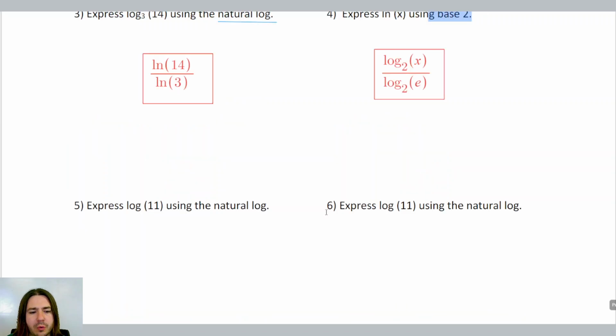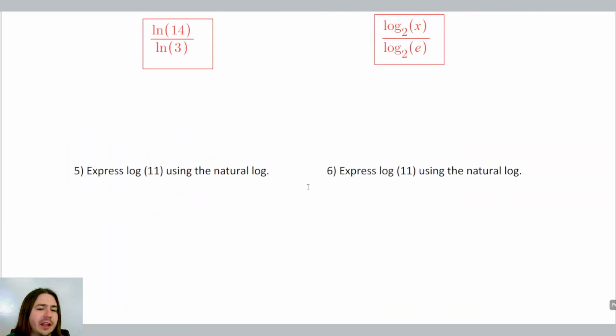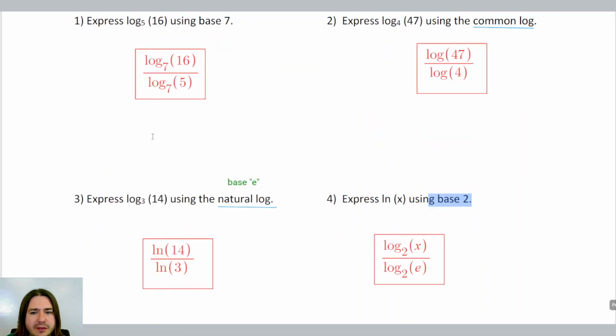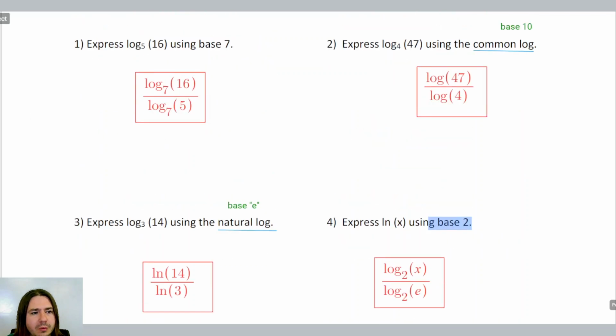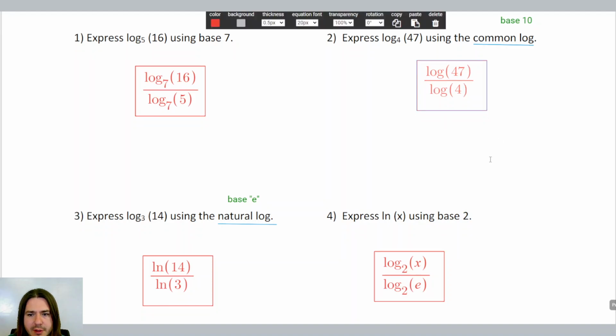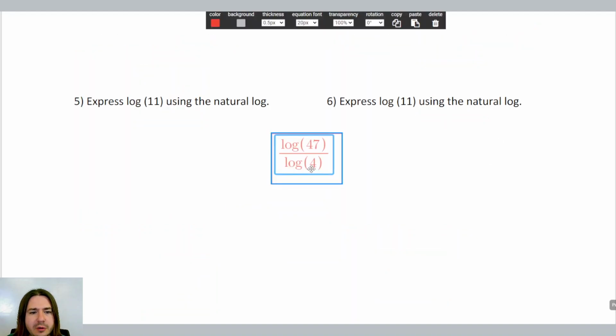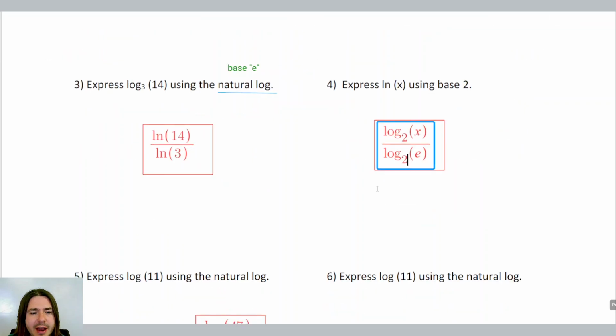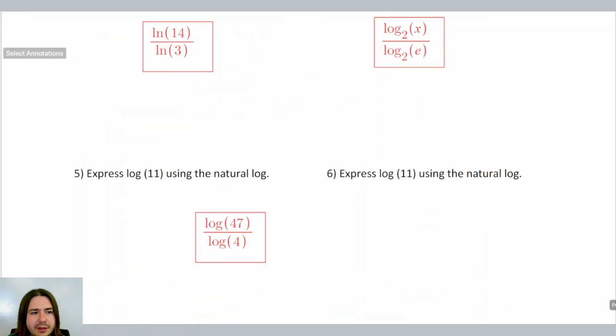Number 5, we're going to express log of 11 using the natural log. Again, we're going to do something very similar to what we've got over here in number 2. Same base. So, oh wait, no, using the natural log. So I take that back. The natural log is the ln one.